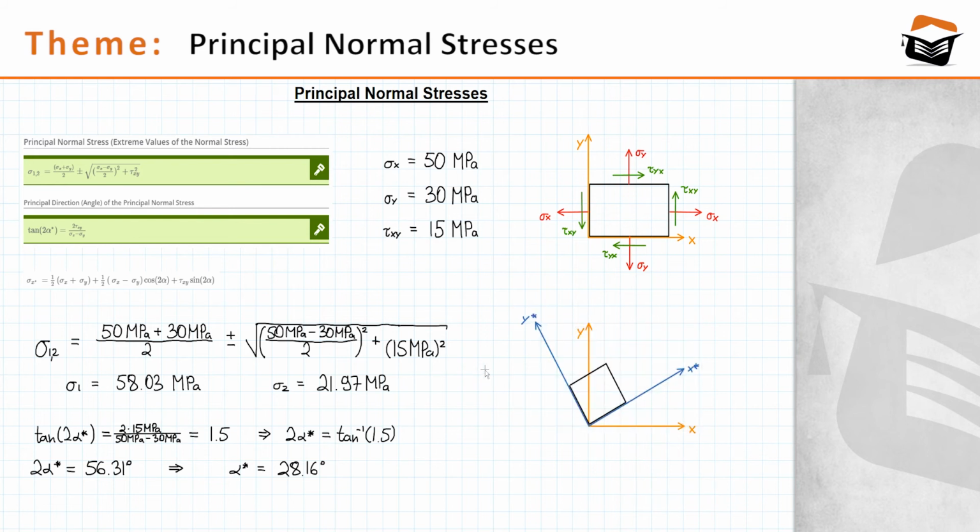In orange is the old coordinate system, and the blue coordinate system is a rotated coordinate system. And I should also label that the rotation angle is 28.16 degrees counterclockwise.